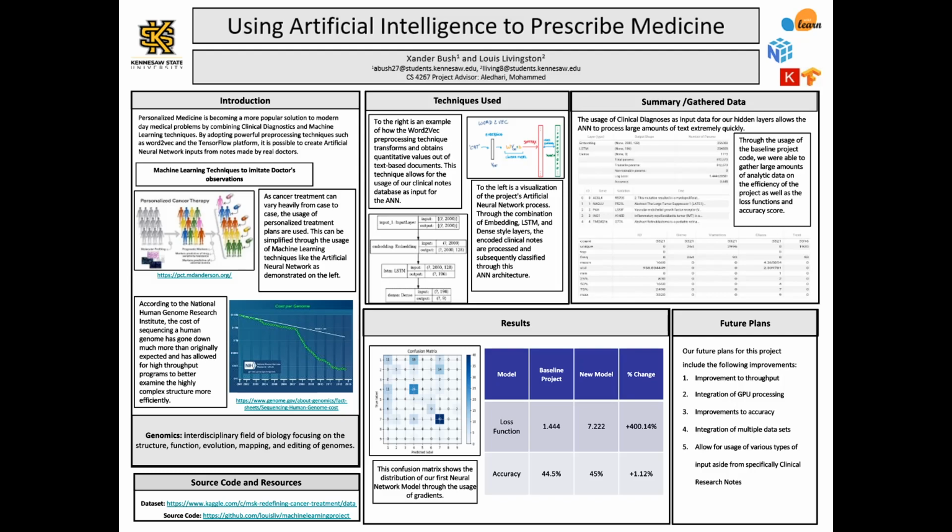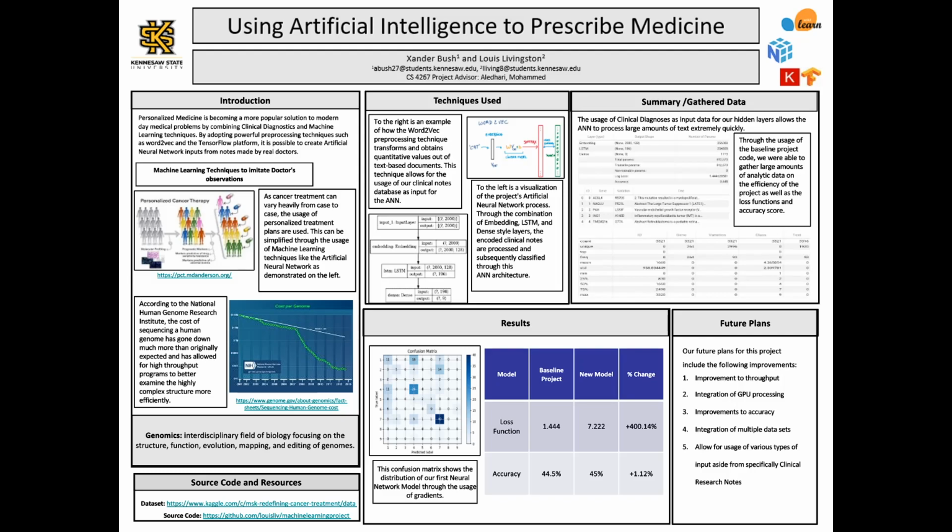So in the top right of the techniques used section, we can see a visualization of how the word-to-vec pre-processing technique changes large amounts of text into neural network input by using an artificial neural network to pre-process those words and try to link word significance together in order to better understand the content contained in that text.